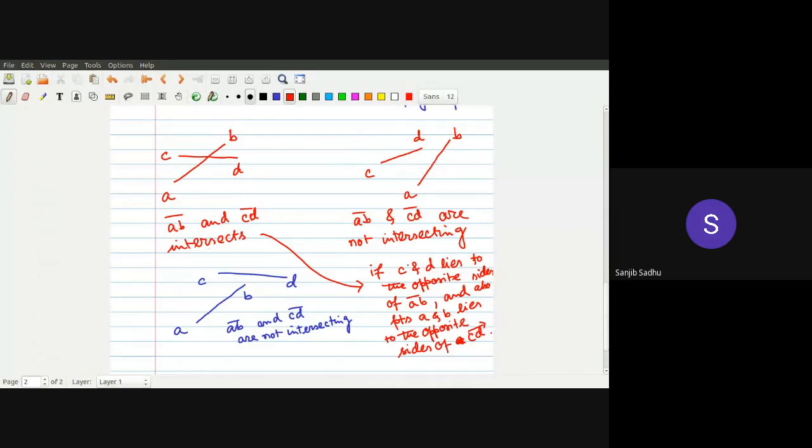So both these are to be true. Clear? So what are the conditions? C and D lie on the opposite sides of AB, and A and B lie on the opposite sides of CD. If both these conditions are satisfied, then AB and CD are intersecting. Clear?